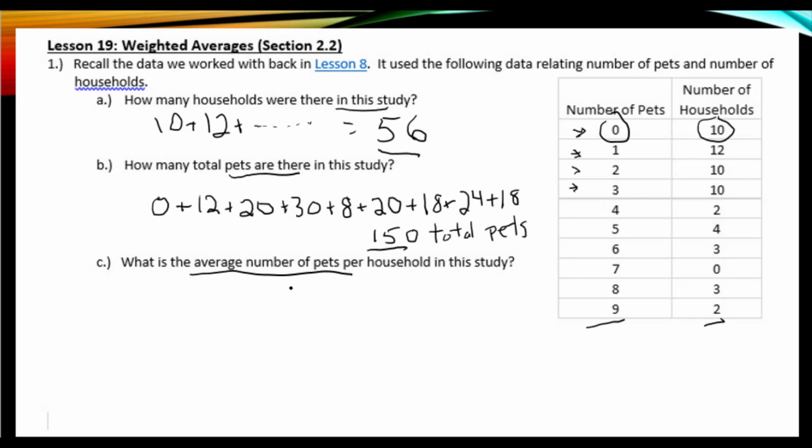So this is going to be 150 total pets per 56 total households. I'm just going to divide that, and I get 2.68. So that is the average number of pets per household.